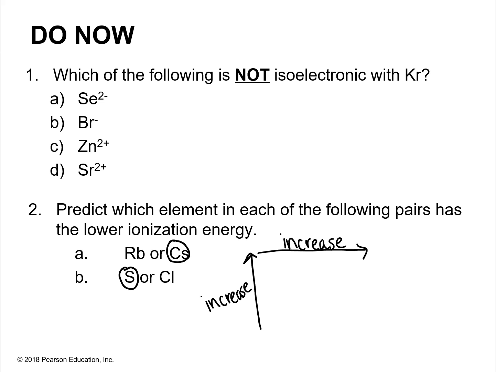Now we're going to talk about question number 1. If you were able to get number 1 done, you can put in your answer for that. Which one of the following is not isoelectronic with krypton? A, B, C, or D? And we're going to go over this.